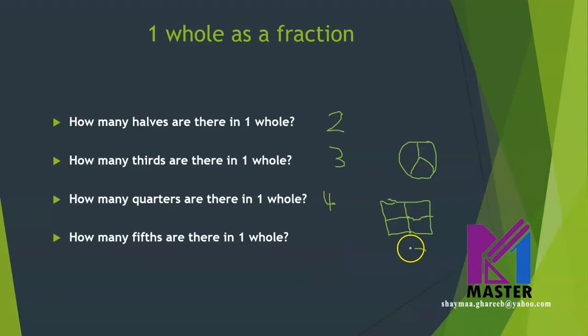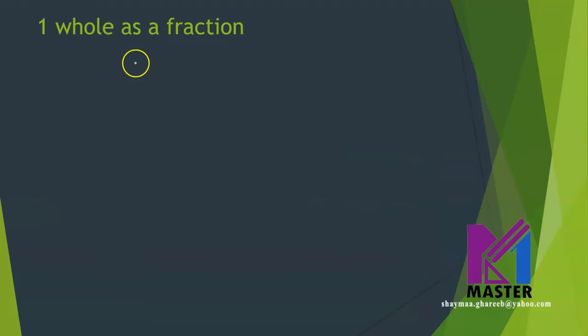Exactly the same. What do you think? There will be 5 fifths in one whole. Now, do you notice how we find parts in one whole? One whole as a fraction.